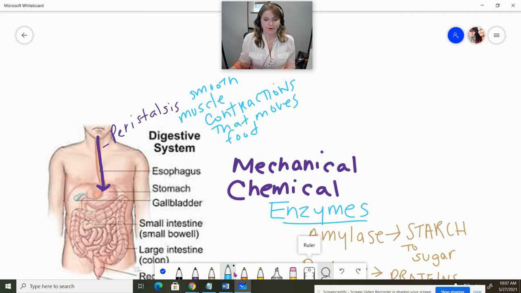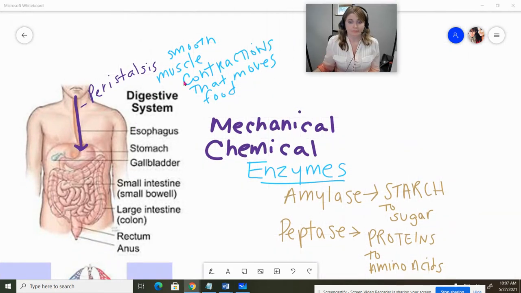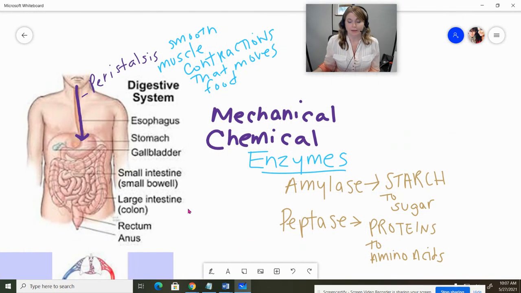And in your stomach, the process of both mechanical and chemical digestion continues. Again, enzymes are released. Pepsin is released in your stomach and helps to digest protein. You have a lot of stomach acid, and it does help with the digestive process, but its primary purpose is to lower the pH enough in your stomach that it kills a lot of bacteria.